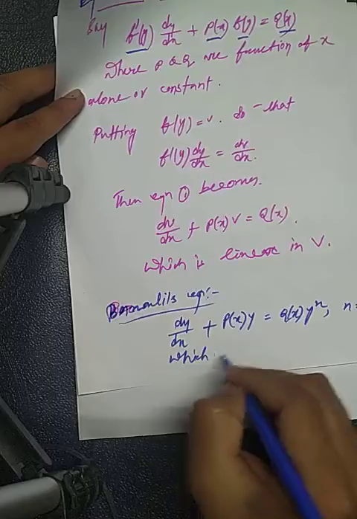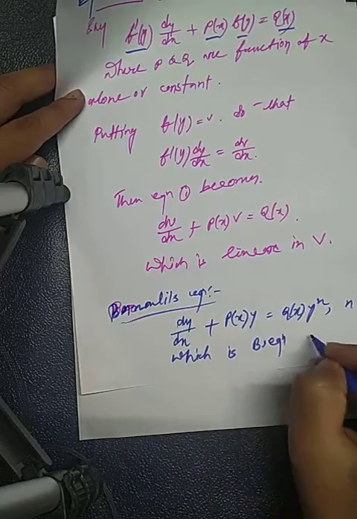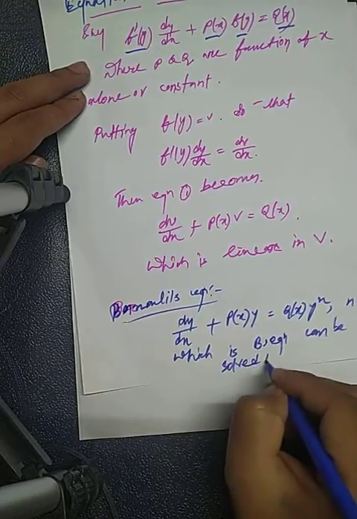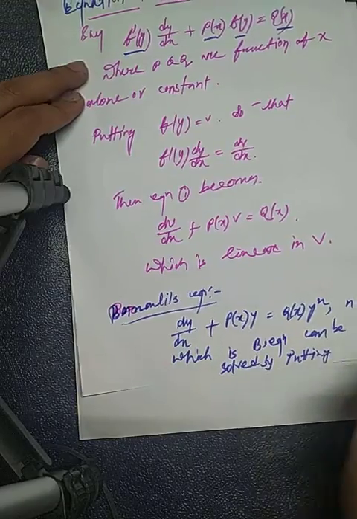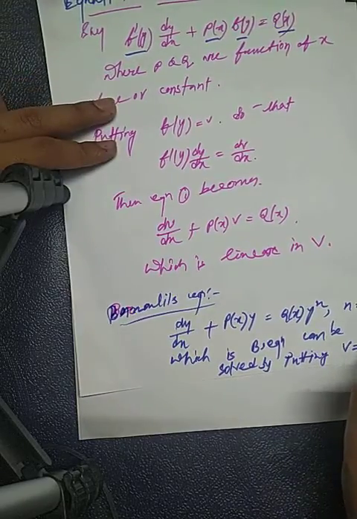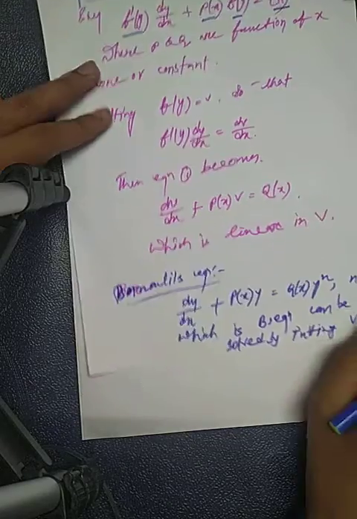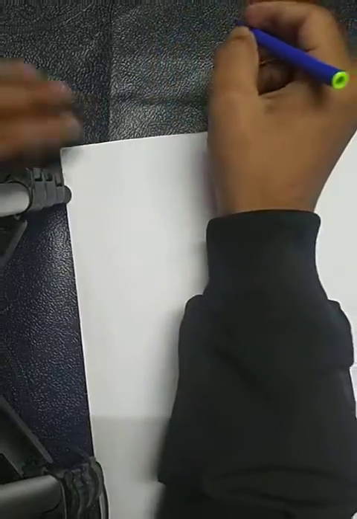Bernoulli's equation can be solved by putting v = y^(1−n). That's what is important for us.